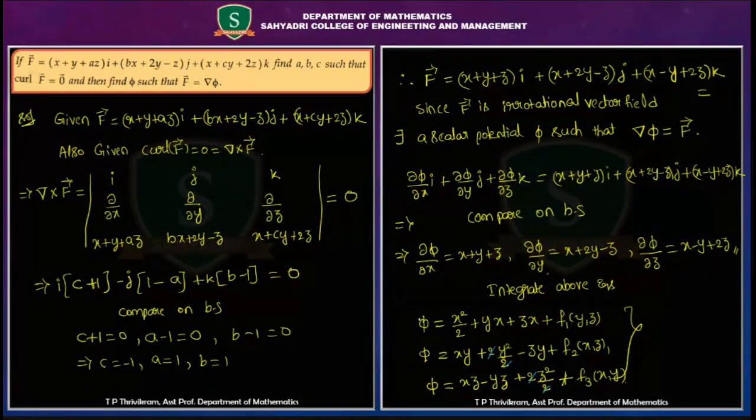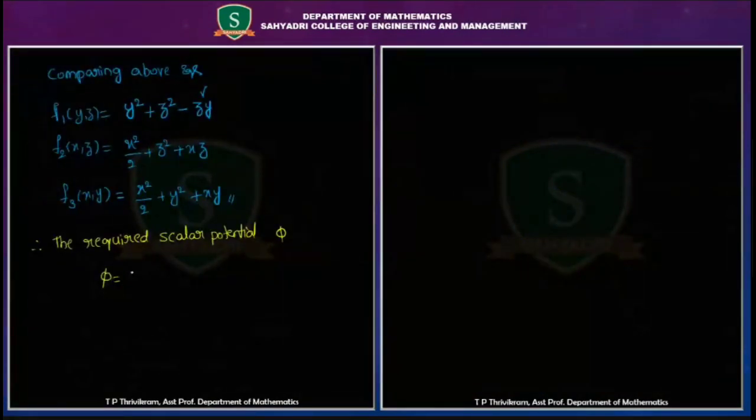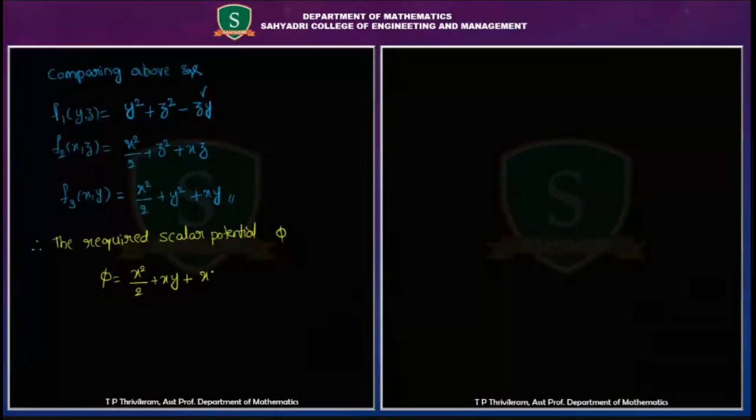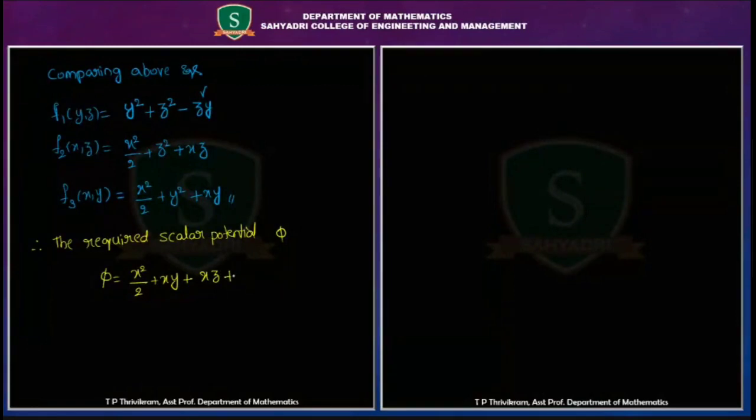So I'll take the first equation, x square by 2 plus xy plus zx or xz, plus here f1 you have to substitute. So if you substitute f1, you'll get y square plus z square minus zy or yz.